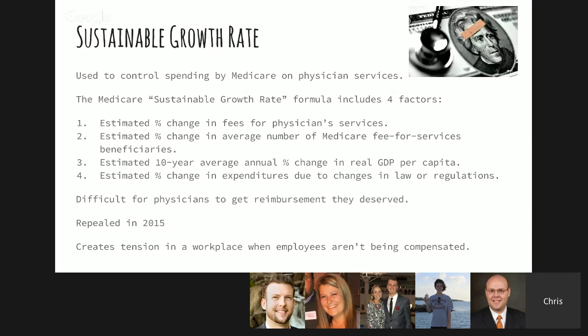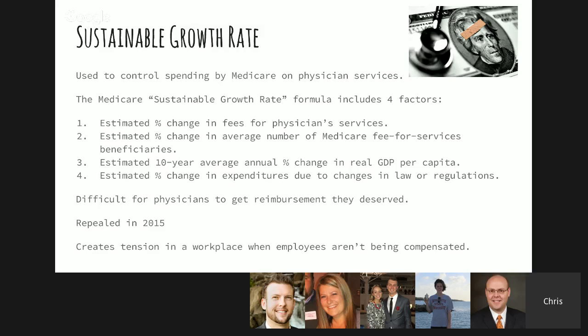So the SGR was something that was used to control spending by Medicare on physician services. It was a formula that they calculated, and that would determine how much reimbursement physicians and physician offices would receive.